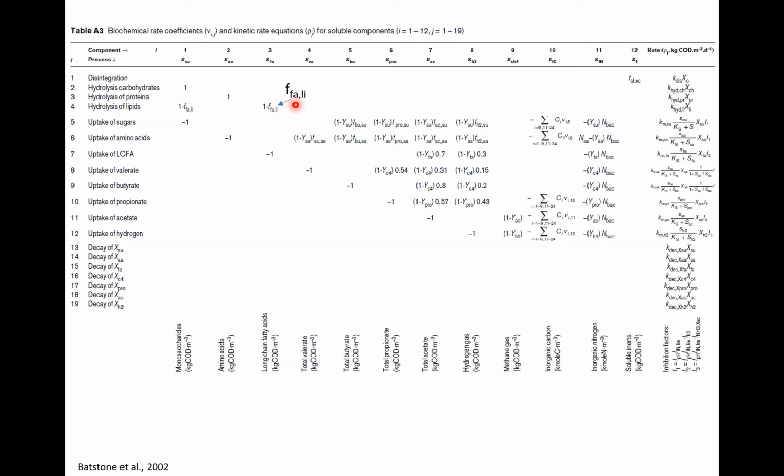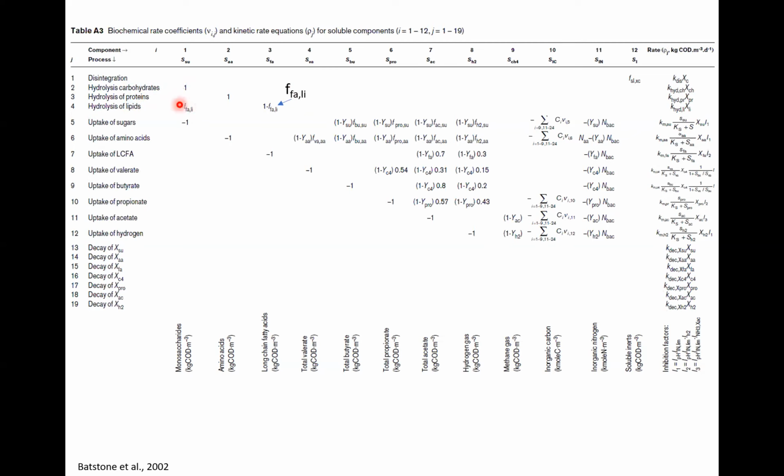If we would like to do the mass balance for monosaccharides, we have the hydrolysis of carbohydrate, the part that actually adds monosaccharides to the system. This means that the sign should be positive.